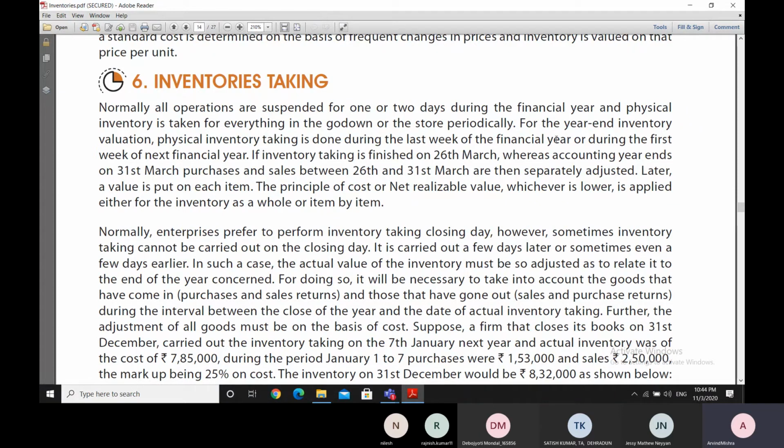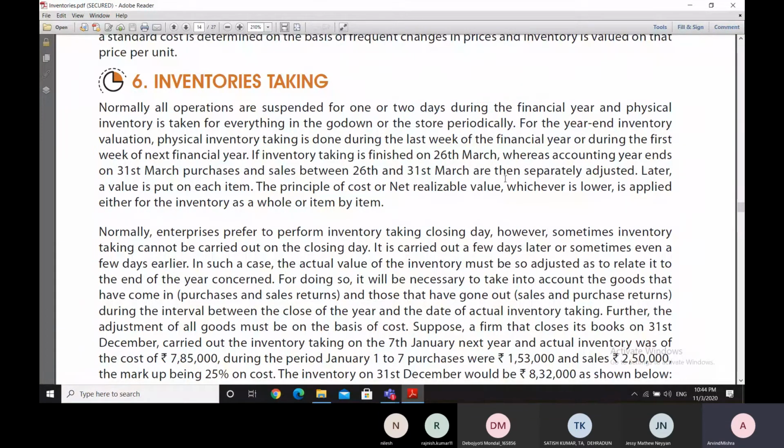For the year-end inventory valuation, the physical inventory taking is done during the last week of the financial year, or during the first week of the next financial year. If inventory taking is finished on 26th March and the accounting year ends on 31st March, all the purchases and sales between 26th and 31st March are separately adjusted with that closing inventory.